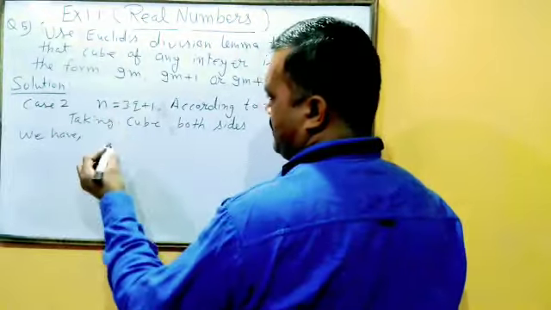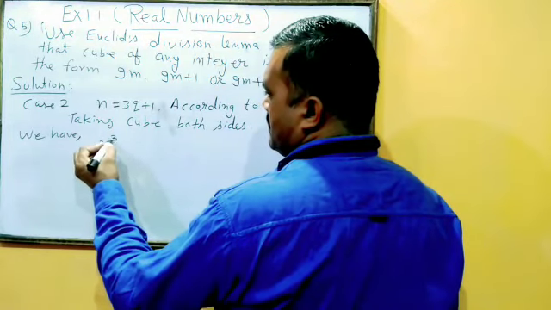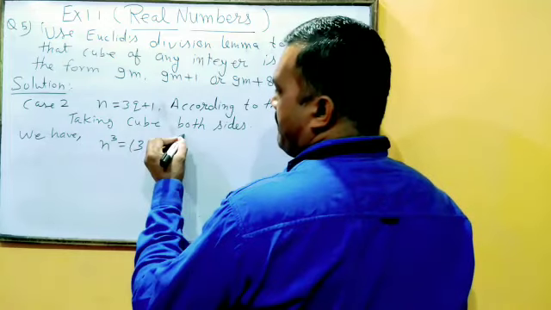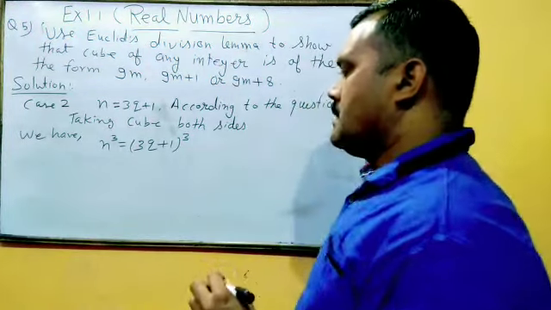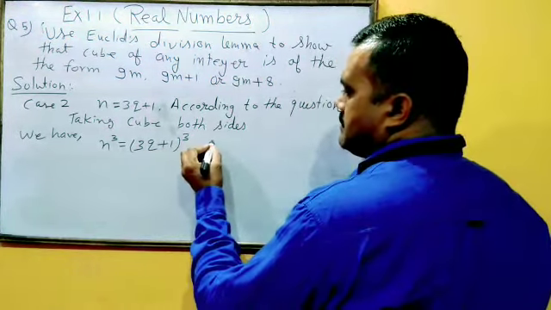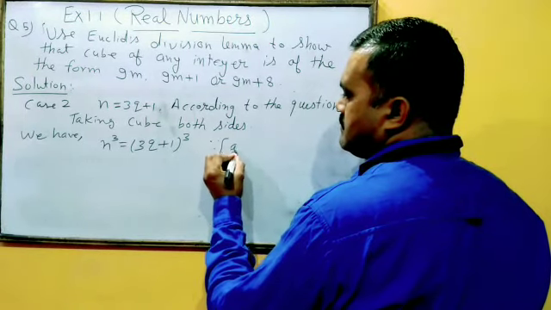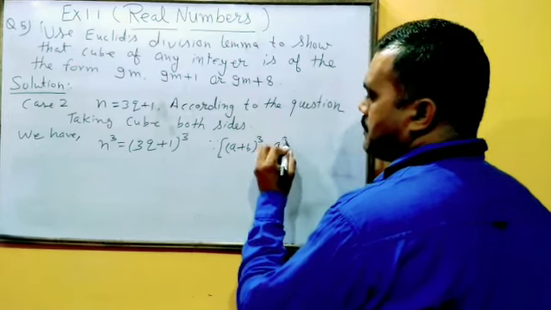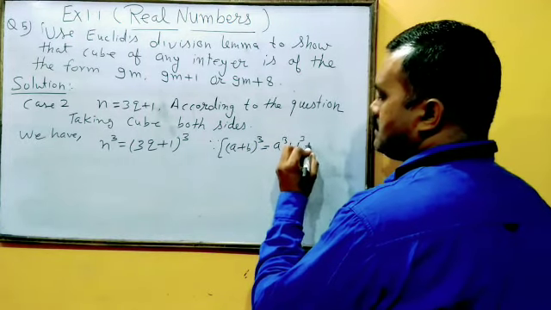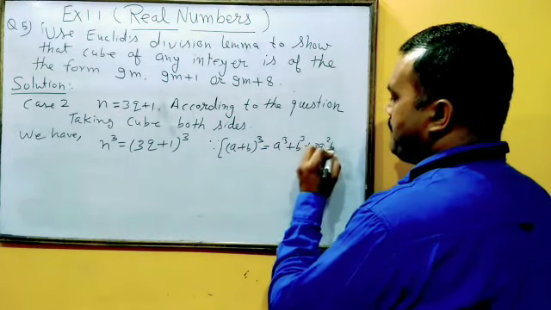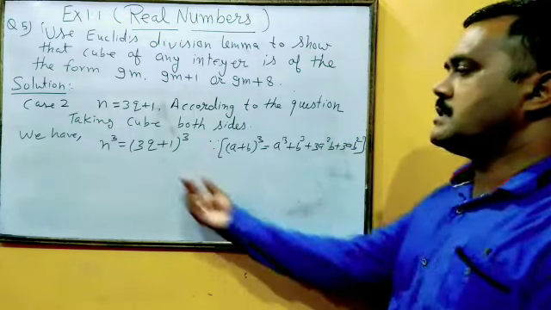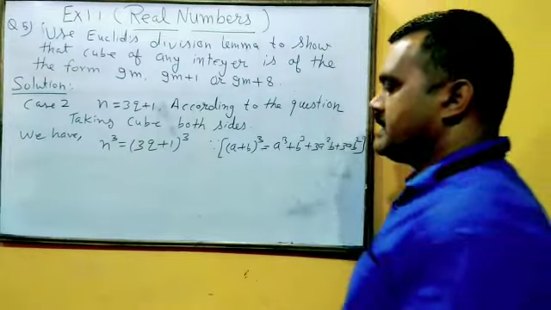Only we need to change the number. n cube is equal to (3q plus 1) whole cube. Now you know whole cube of any number, (a plus b) whole cube is equal to a cube plus b cube plus 3a square b plus 3ab square. This identity will be used in this part.